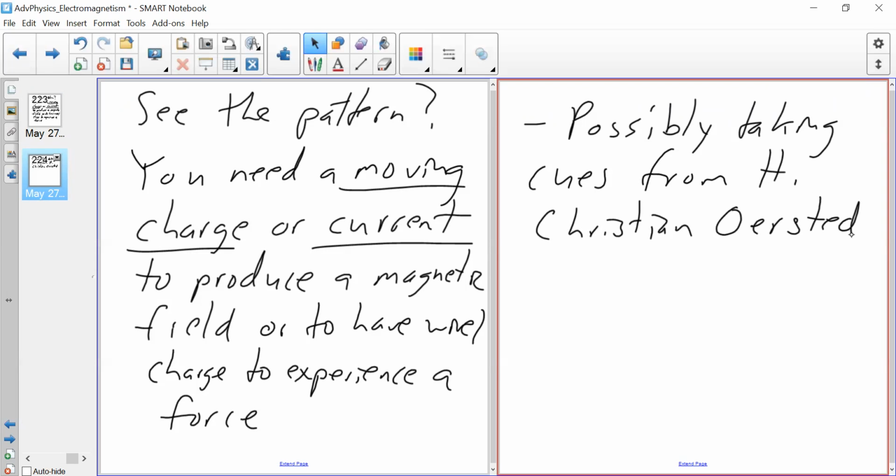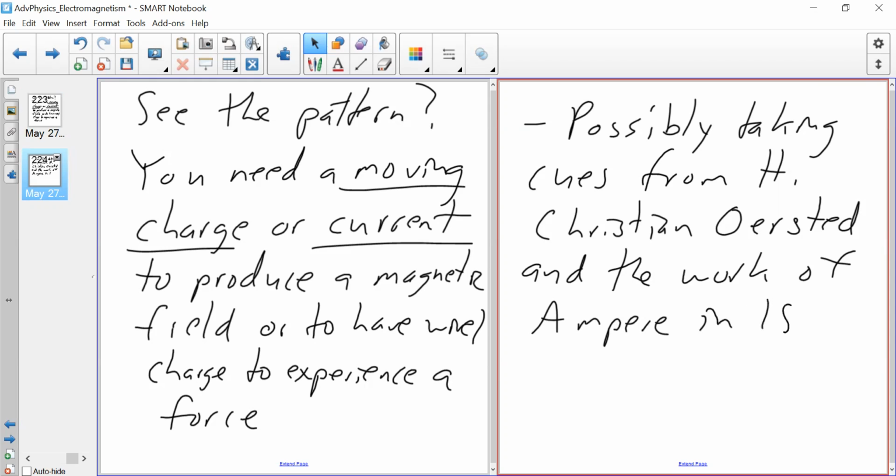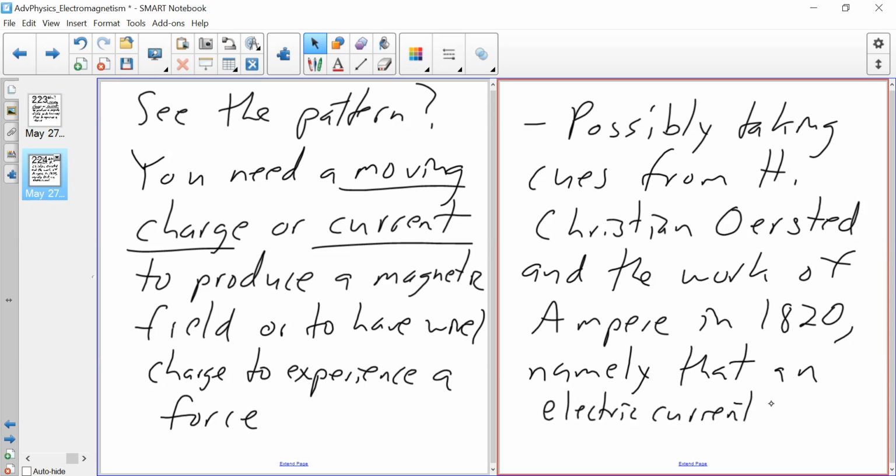Possibly taking cues from Hans Christian Ørsted, who was a high school teacher, and the work of Mr. Ampere. We'll get Ampere's law. In 1820, namely, that an electric current, a collection of moving charges, creates a magnetic field.